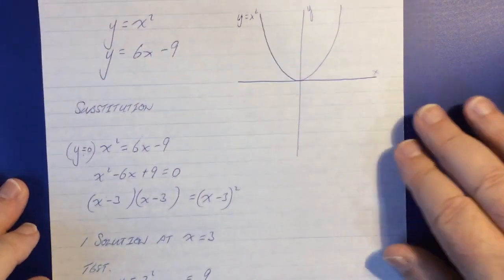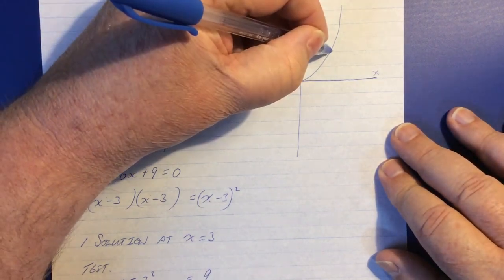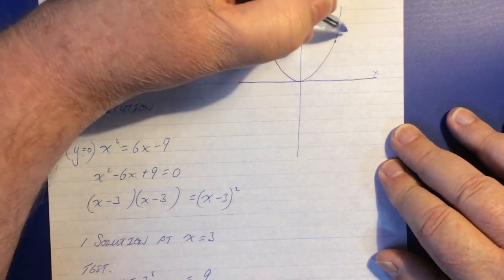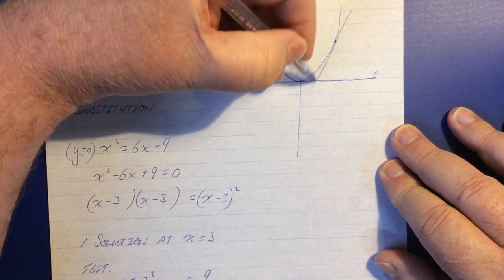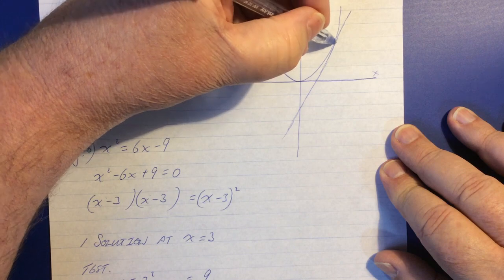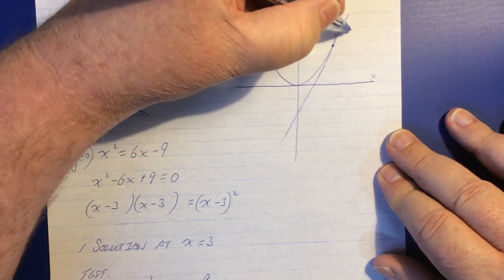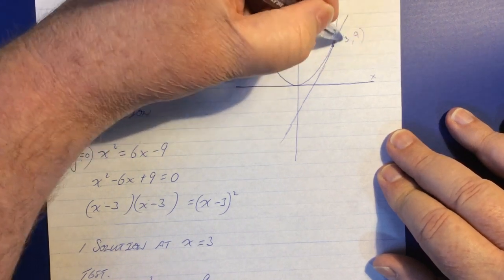Okay, so that allows me to draw this roughly. Let us say that this point here is 3, 9.